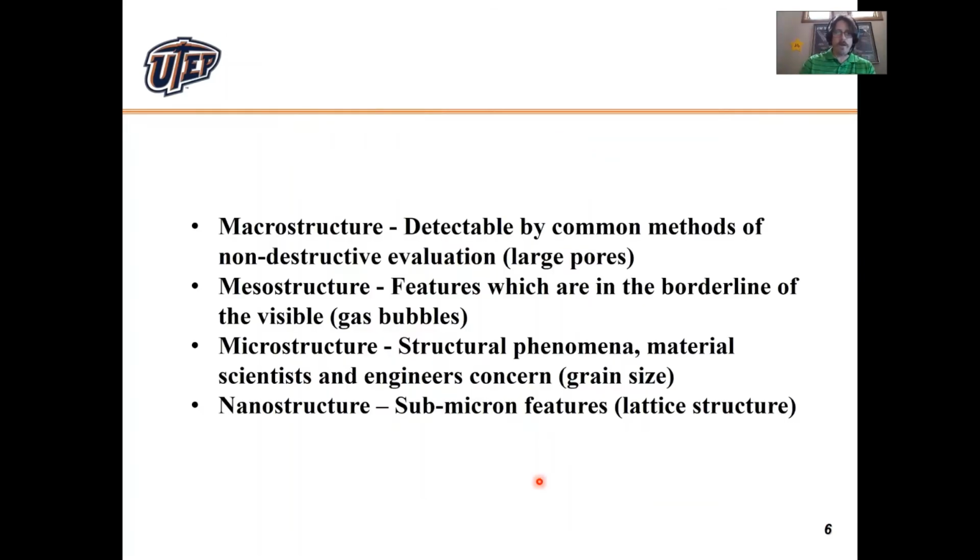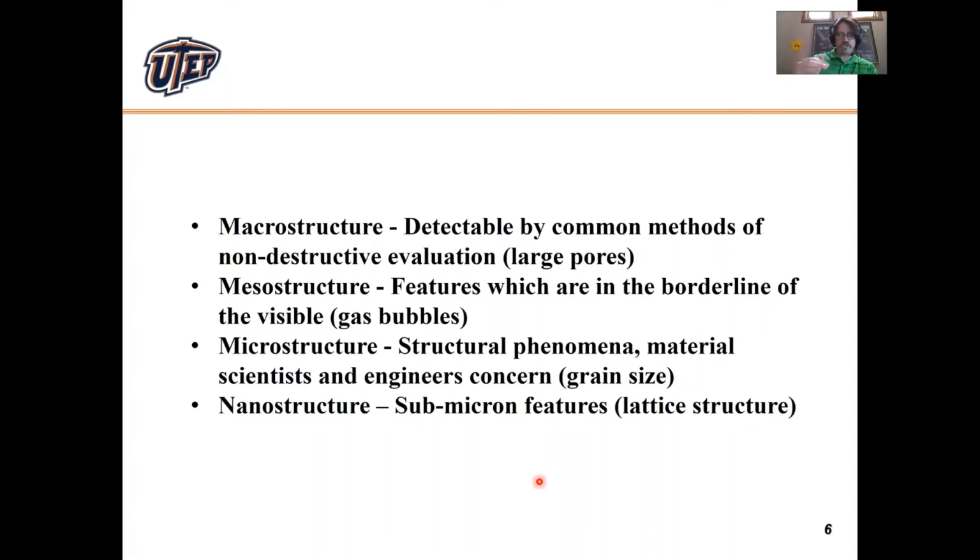Some terms that we deal with. Macrostructure is detectable by common methods of non-destructive evaluation. So that would be a large pore. I still have my object that I use for my activity, and hopefully you can see it in my little camera square. But here, I saw this parting line, so that would be a macrostructure.